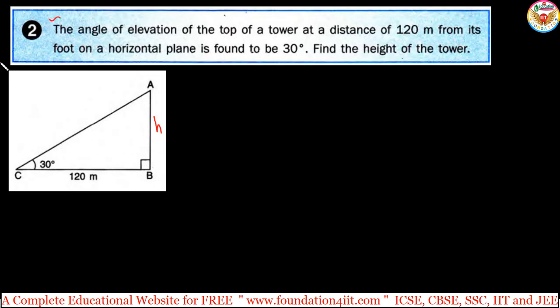Then you can observe what trigonometric ratio you can apply. 30 degrees is here. Opposite we have to find, adjacent is given. The opposite and adjacent related formula is tan theta. So tan theta equals opposite side by adjacent. So in this question, tan 30 equals opposite is h, adjacent is 120.